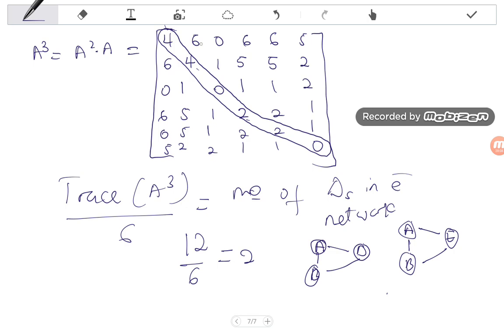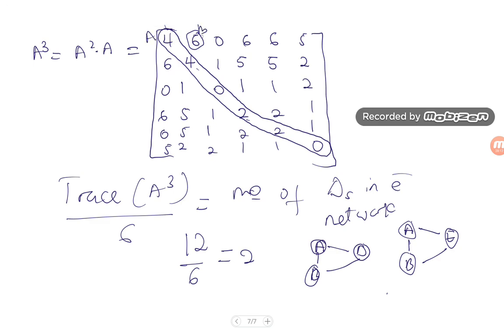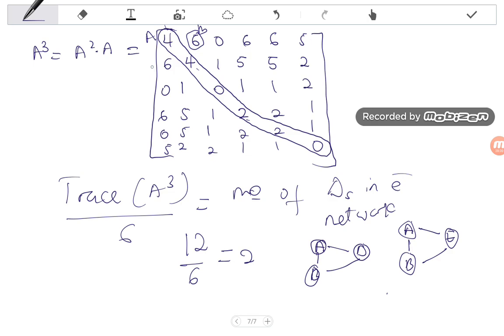All right, so the 6 here represents the number of walks of length 3 that exist between node A and node B. Then the 0 here represents the number of walks or paths of length 3 that exist between node A and node C, and so on. And if you sum the diagonal entries and divide it by 6, that gives you the total number of triangles in your network or in your graph.